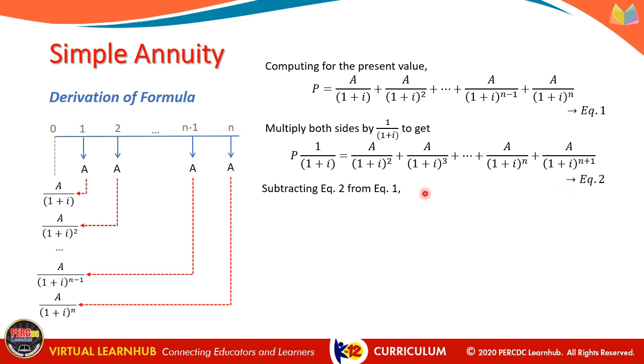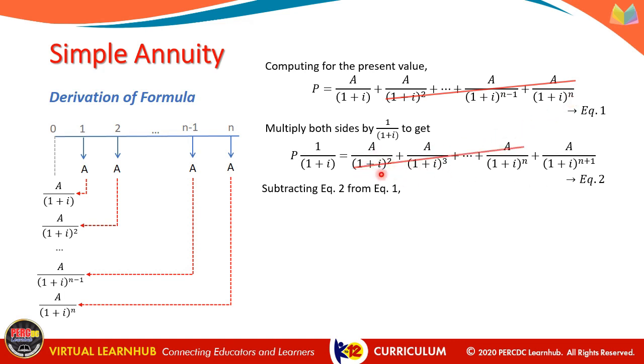Next step, subtract equation 2 from equation 1. When we subtract these 2, we can cancel A over (1 plus i) squared until A over (1 plus i) raised to n. We also have it here.